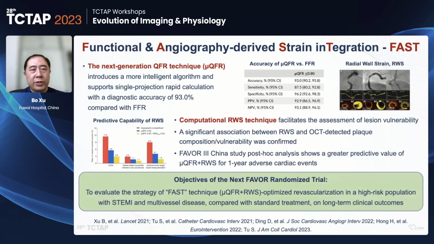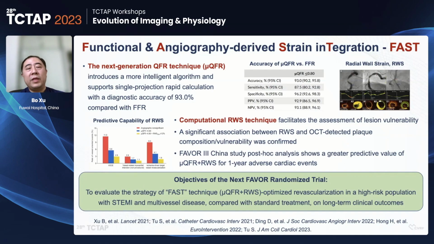We established a concept of the functional and angiography-derived stress integration FAST technique, which is a combination of the new generation muQFR and the computational real-world stress technique. Many recent publications show a significant association between RWS and OCT-detected plaque composition and vulnerability.